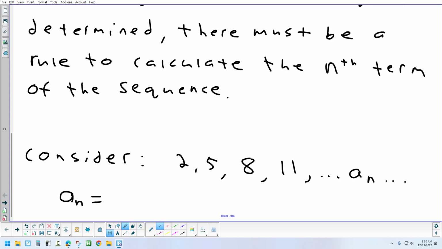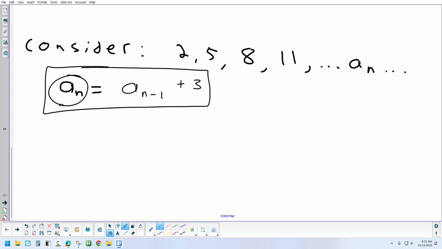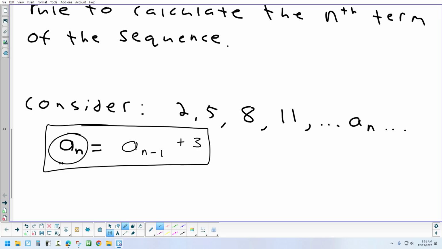So if this is the number that I want to find, anyone have a guess how you would write the one before that one? (n-1). Yep. This means to find a certain term in the sequence, take the one that comes before it, that's what the -1 does, and then add 3. So that is a formula for this sequence.